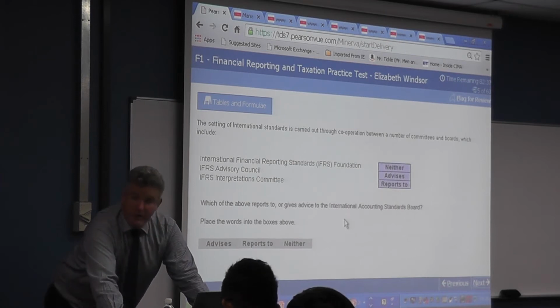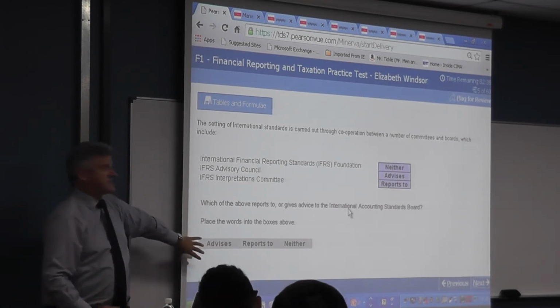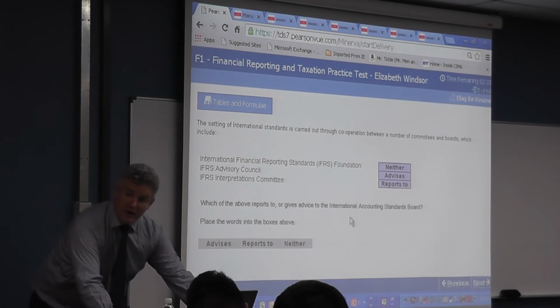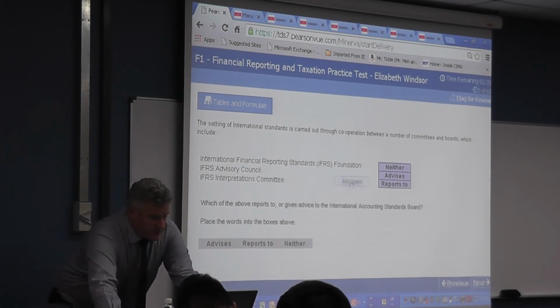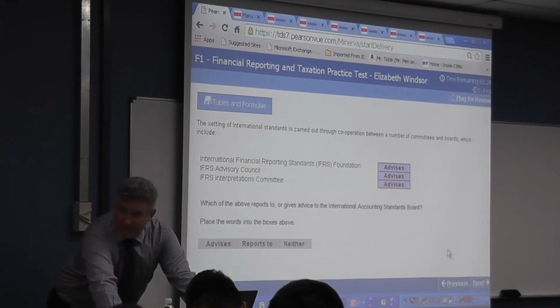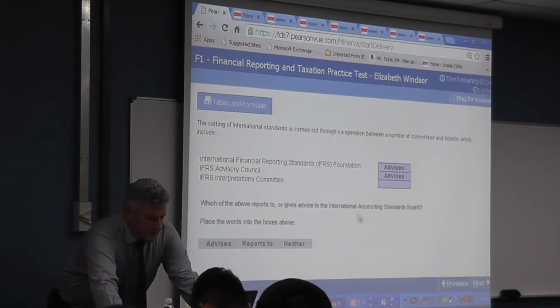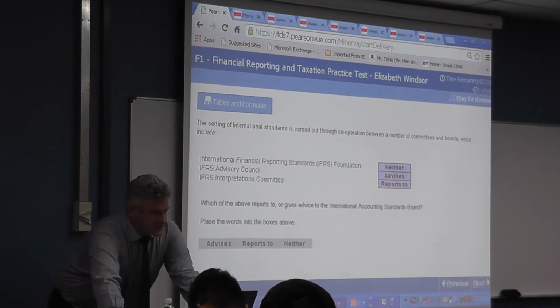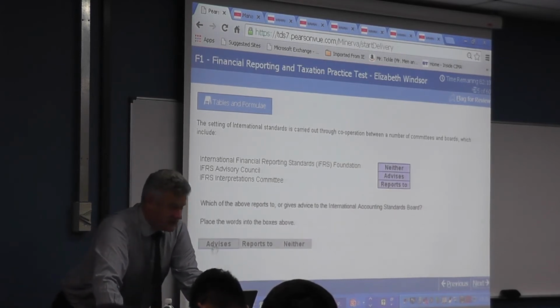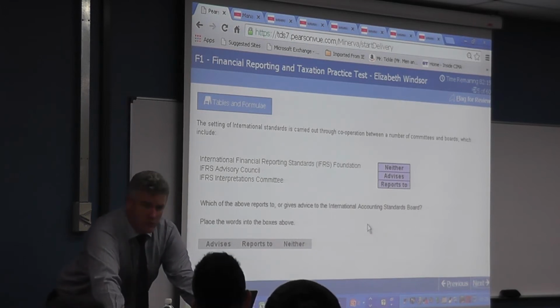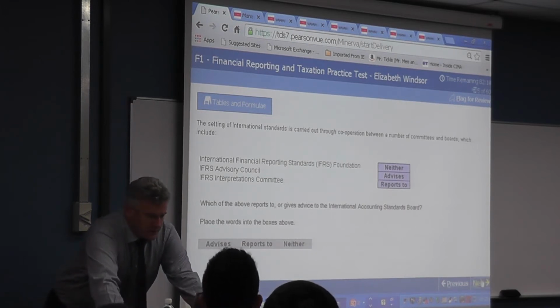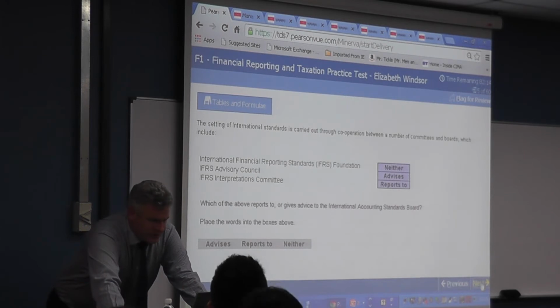All right, but look, the words stayed in the box, so I could have used advises, advises, advises all the way through. There are other ones where you get to use the word once, and it leaves the box empty as you move it away. All right. So again, I won't flag anything more. I'll leave one flagged.